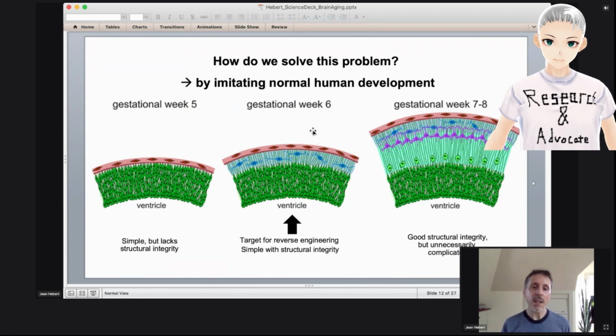We're basing our approach on how our neocortex normally develops from a relatively simple fetal tissue at around gestational week 6, where there's a limited number of precursor cell types in a very well-defined organization that we want to recapitulate in a proto-tissue that we will then use to graft. We anticipate that this tissue will develop the correct layers, and as already shown for disorganized tissue, will project normally outside of the graft as well.